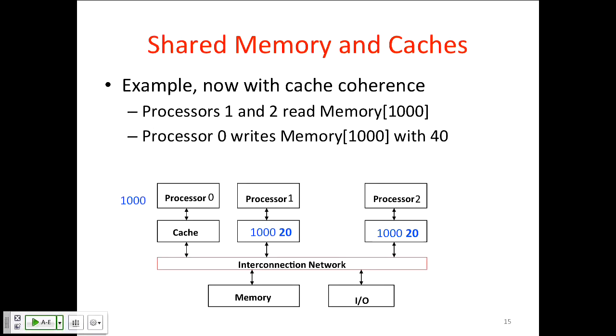Okay, so now we have this scenario where this guy's read location 1,000, which has the value 20, and this guy's going to write to location 1,000. This guy gets a cache miss: I don't have location 1,000, and I'm going to write to it. It broadcasts 1,000 on the interconnection network because it's going to memory to get the location. These other caches are looking at these values flying by.